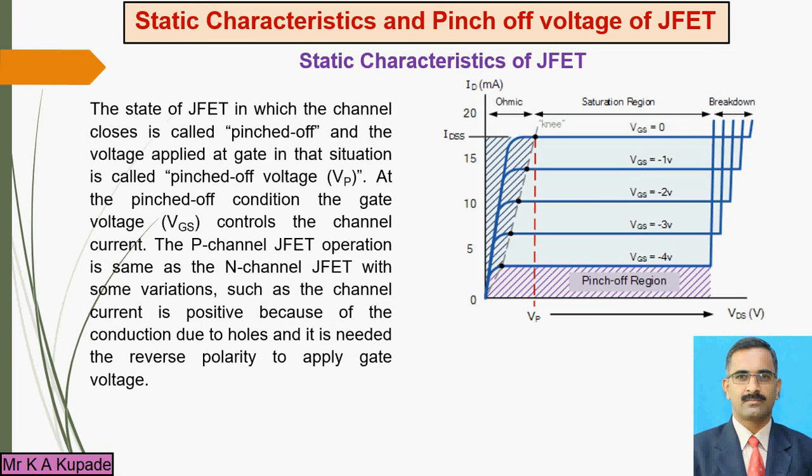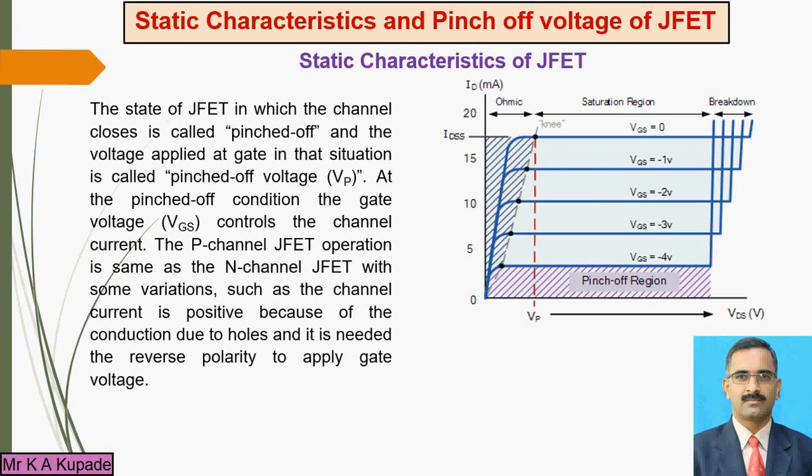After that, as you keep increasing VDS, the breakdown region occurs, with a small increase in the IDS current due to minority carriers. The region from 0 to VP, where voltage increases and current also increases linearly due to the change in resistance, is called the ohmic region.